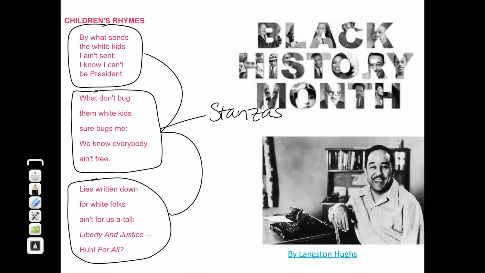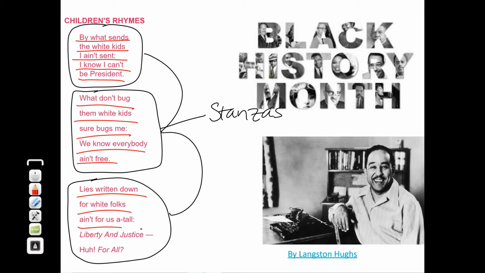And if you're thinking that lines make up stanzas, then you are correct. All of these are lines. That's what we mean by lines and stanzas in poetry.